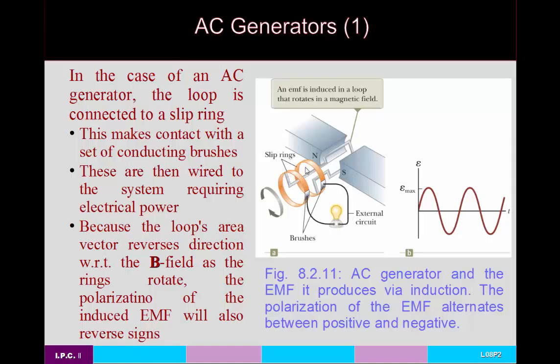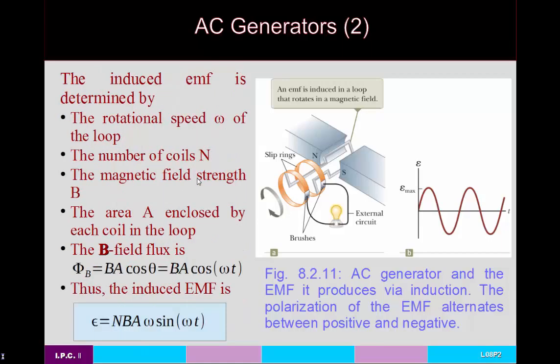Now, why does this make AC generation? Why is this an AC generator? Well, the reason is that as you rotate this coil, you're going to be decreasing or increasing, depending upon the orientation, the amount by which the flux is changing per unit time.